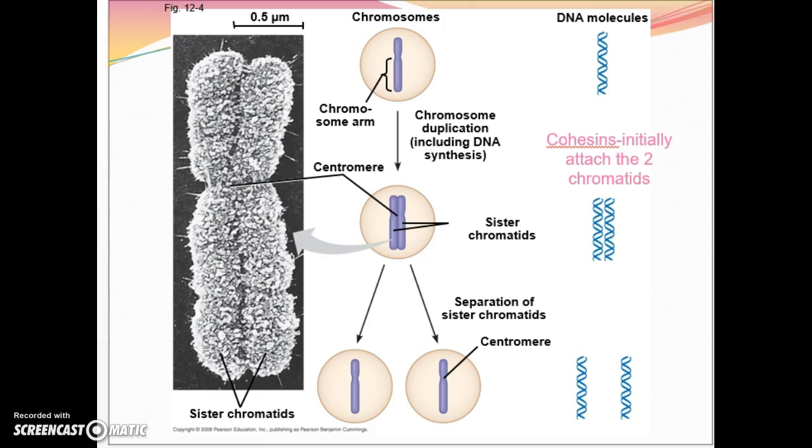So it's not just proteins or something, it's actually DNA that is forming that centromere. What happens in the mitotic process is that proteins bind to these centromeric DNA sequences, and they attach the two chromatids to each other at that region. And this long area that's on either side of the centromere is called the arm of the chromatid.